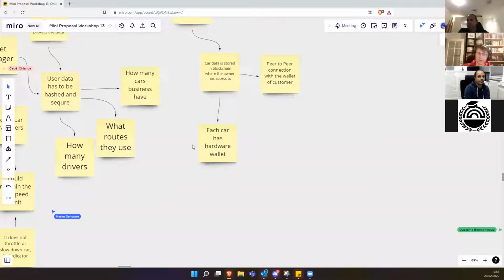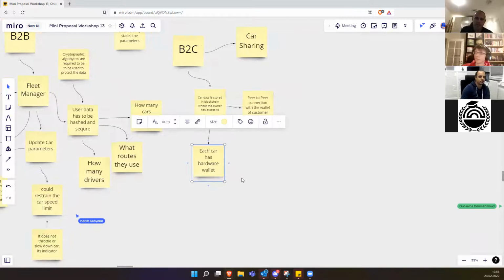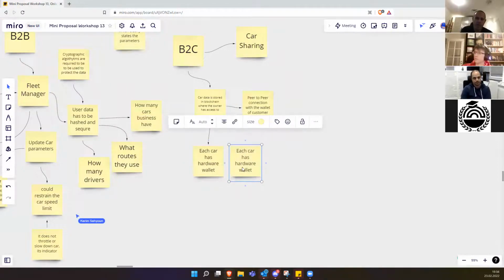Actually, I don't have all the specifications of this hardware wallet, but I can answer if you want, Oussama. In a blockchain version of a car sharing service, the car itself becomes the owner of the network. So the car itself, the wallet, will contain the income the car earned from the ride sharing, and for that you need the private keys, right?